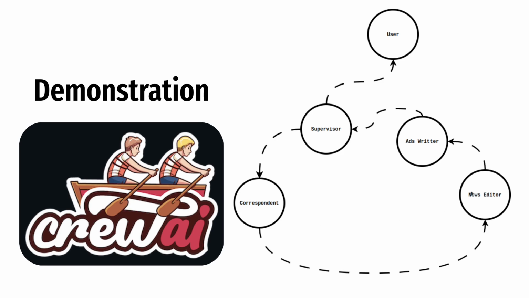Then it's going to present these facts to the news editor, who is going to be able to edit the news, and then the findings will be sent to the news ads writer, who is going to add some ads to the news. And then finally we'll send it back to the supervisor, and the supervisor can then communicate with the other agents to make any changes if necessary. Good. So now let's start with the correspondent.